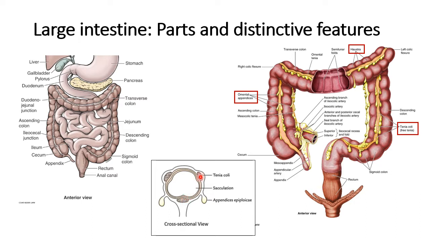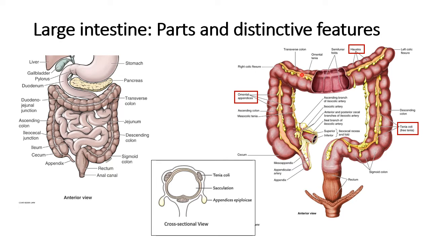One thing also to note, that these bulging of the wall called haustra, they are formed because the length of the colon is shorter than the length of the tinea coli.